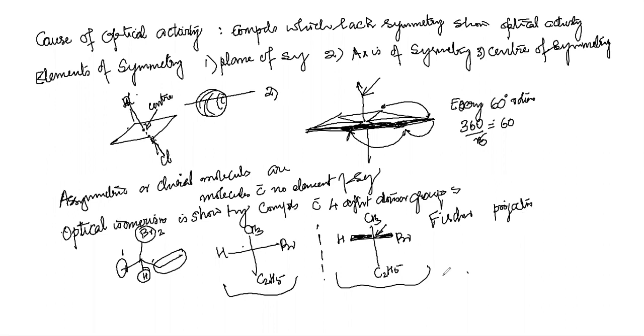In the case of S-butanol, or we can say D-butanol, the dextrorotatory one, the structure is CH3, H, C2H5 and OH.